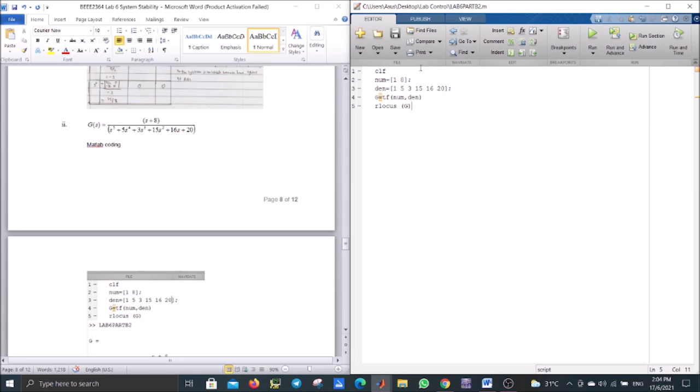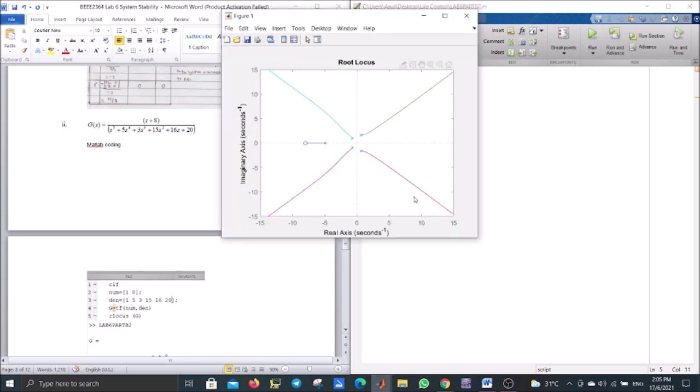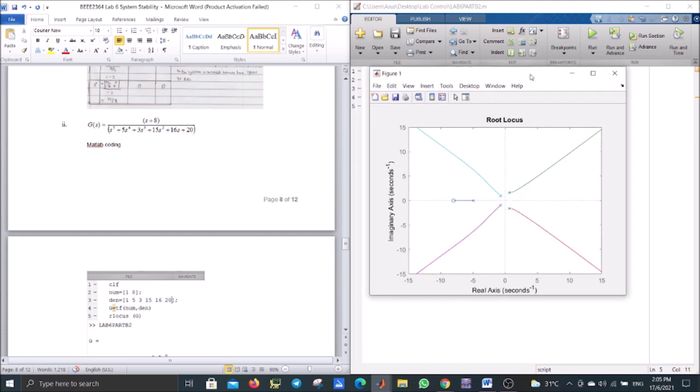S plus 8. So the denominator is s^5, 5, 5, 3, and so on, 15, 16, and 20. After that, just change the numerator and denominator, and then you run the code, and you will get the output, the result.